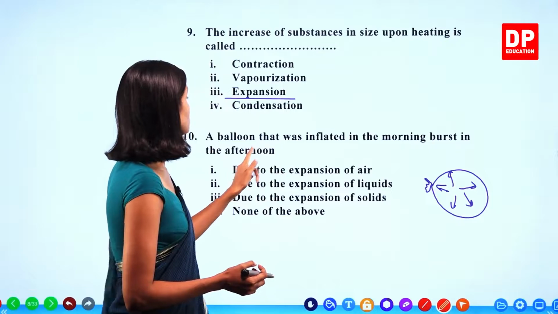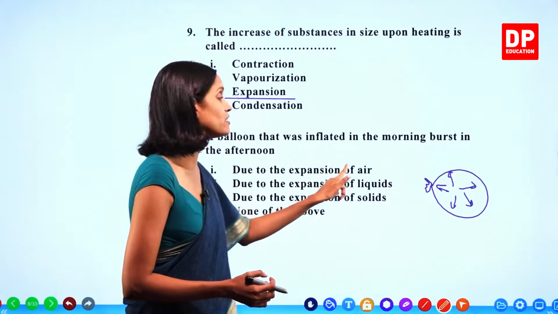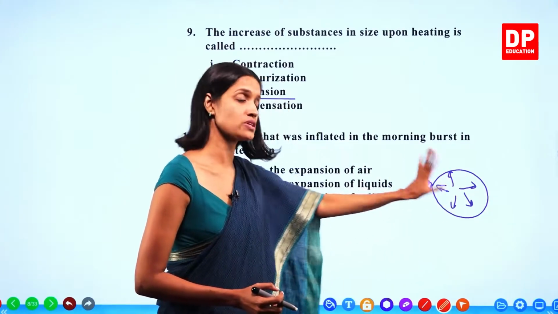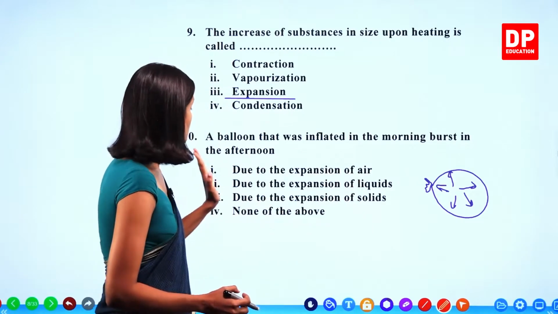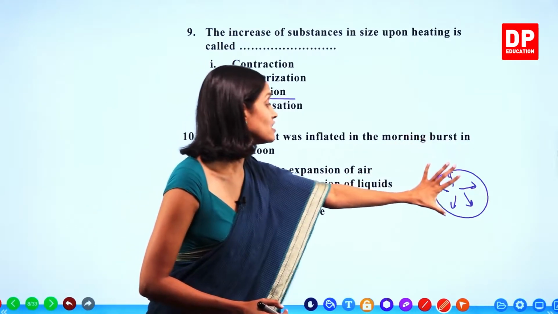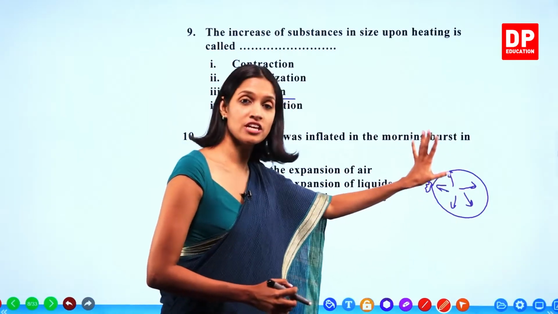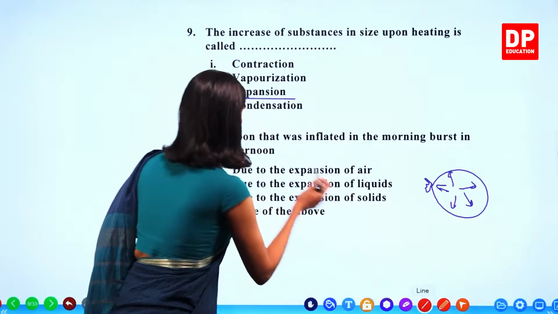Okay? So due to the expansion of air, that is correct. Due to the expansion of liquids, no. Inside the balloon, when we inflate a balloon, air is present. Okay? Due to the expansion of solids, no. Right? None of the above. So inside the balloon, air is present. Therefore, this happens because of the expansion of air. Okay? Due to the expansion of air is the answer.